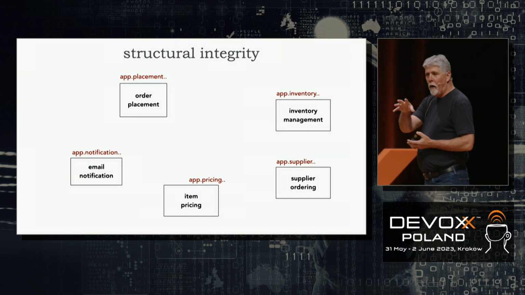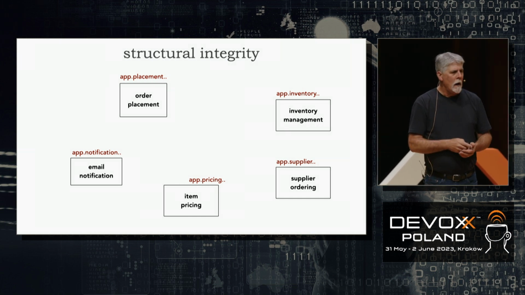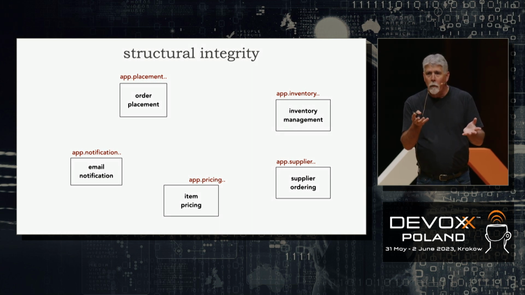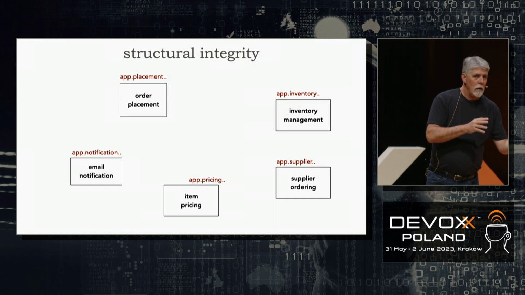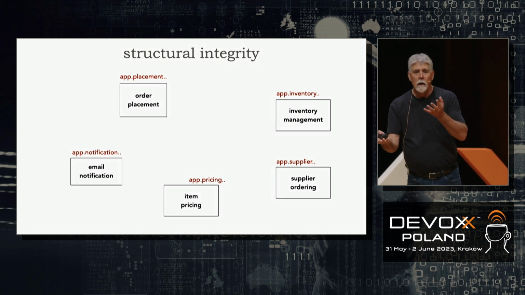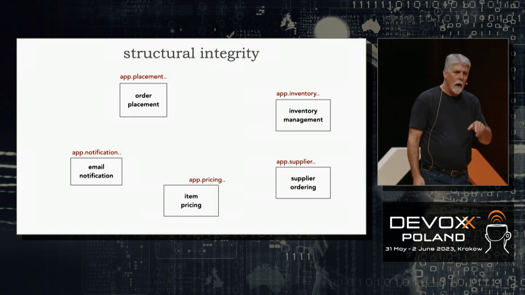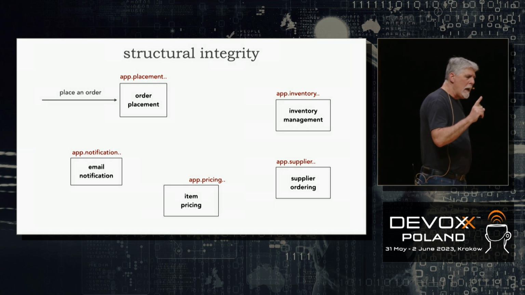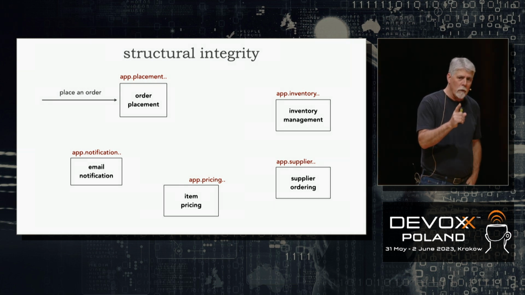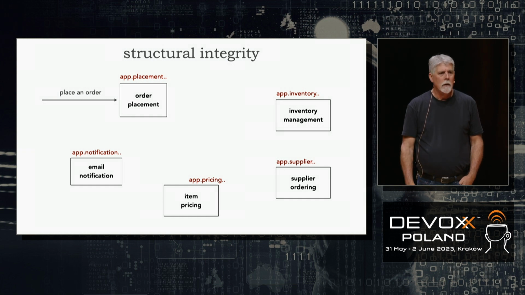Now, these could be components, these could be services, but we're going to consider them components. So we've got order placement, we can adjust inventory, we email the customer, we can order more stock, and also we've got item pricing. All of these are involved. So let's see what happens. I place an order. Now, question. Is it my responsibility once that order is placed to decrement inventory?